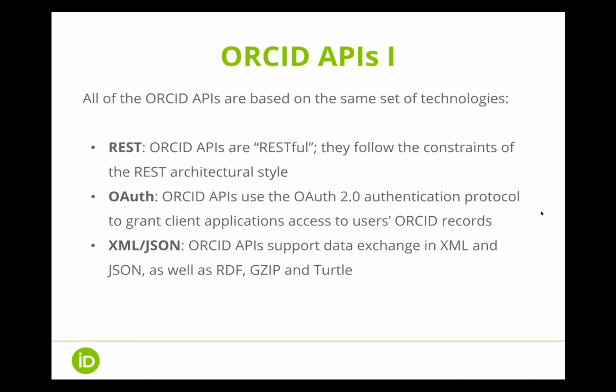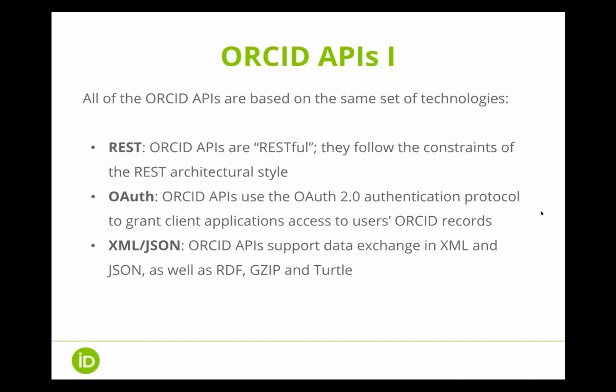The 3-legged authentication process means that the user needs to grant permission. And for us, this is very important because we have a user-centered approach to digital identity and to the ORCID identifier and the ORCID registry.